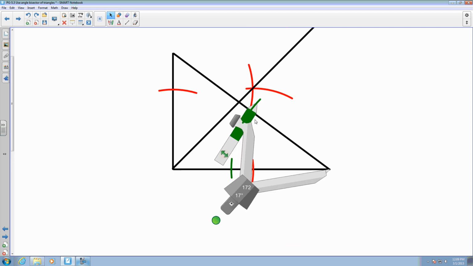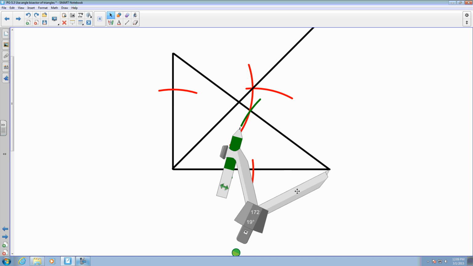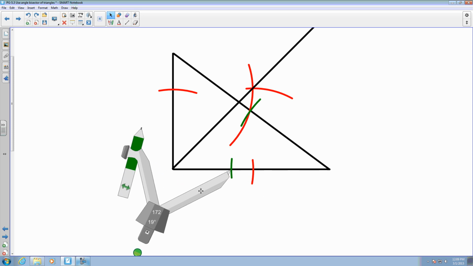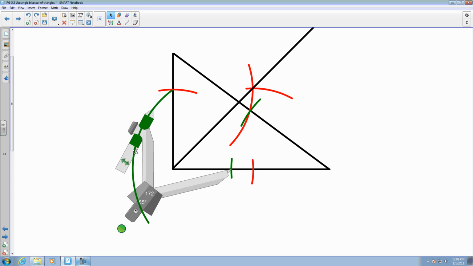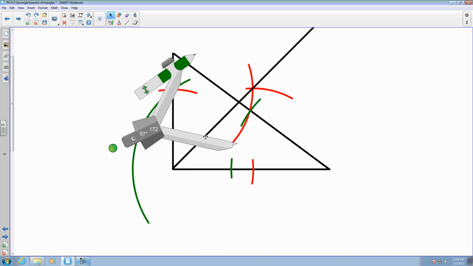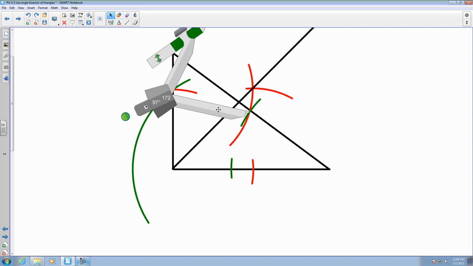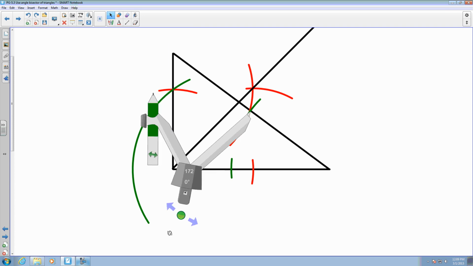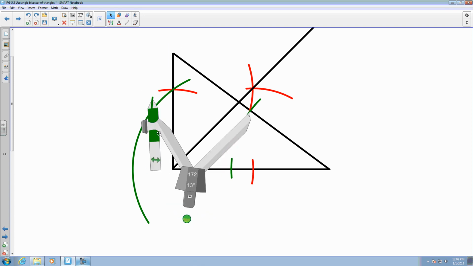And strike a mark here. Come on over. Strike a mark here. And then come over here. Gets where it's kind of close, so I'm going to strike a mark here.